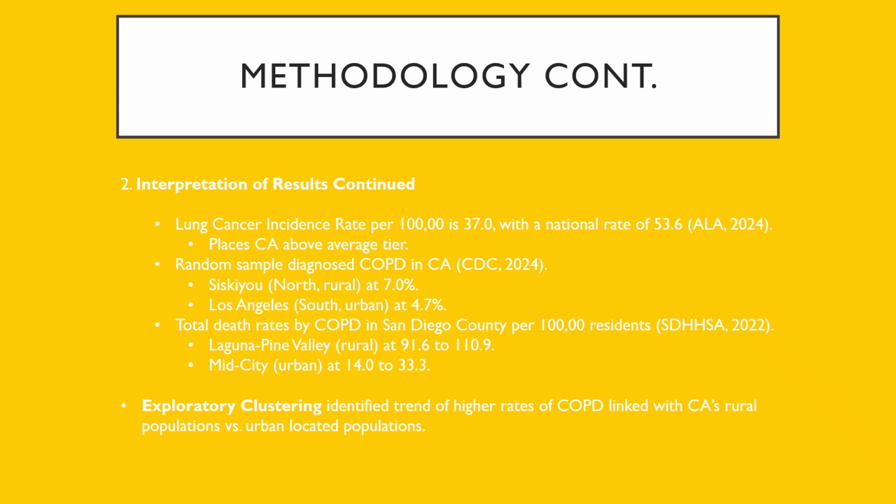Some interpretation of results include that California places above average tier in national rates for lung cancer, and random sample data points prove that rural populations in California were more at risk to the urban populations in terms of COPD rate.